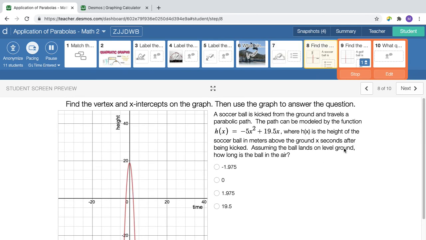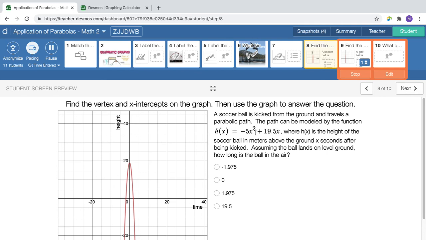So this is more similar to what you will see. You normally don't get a graph or a picture. This one says a soccer ball is kicked from the ground and travels a parabolic path. The path can be modeled by the function h of x equals negative 5x squared plus 19.5x. So here's our quadratic, right?